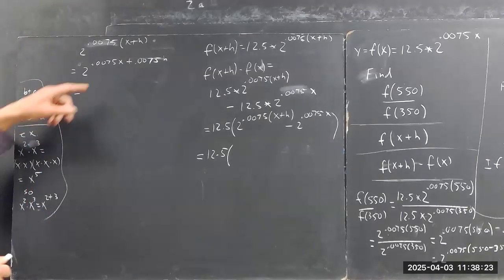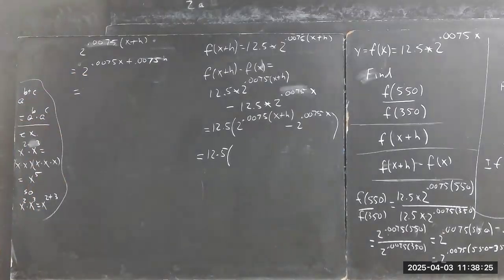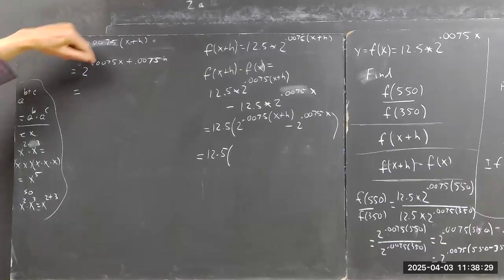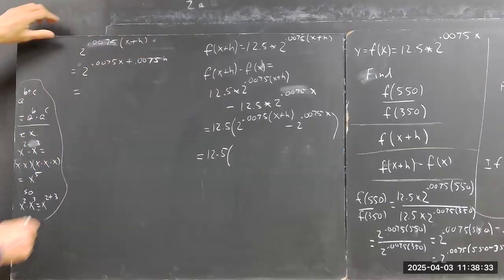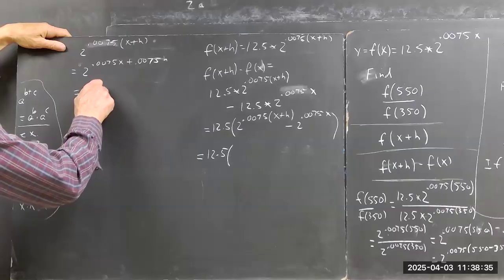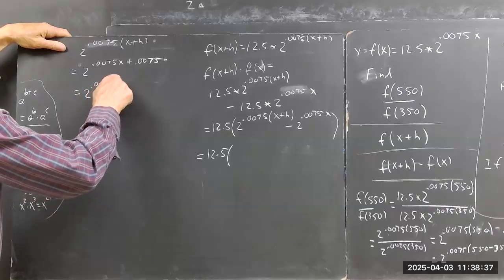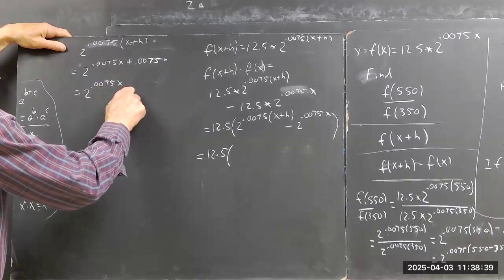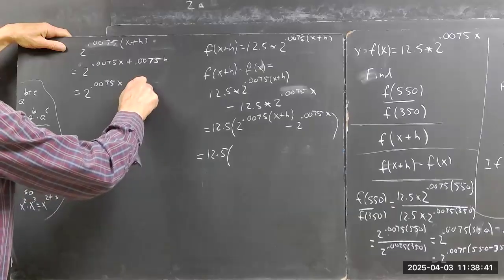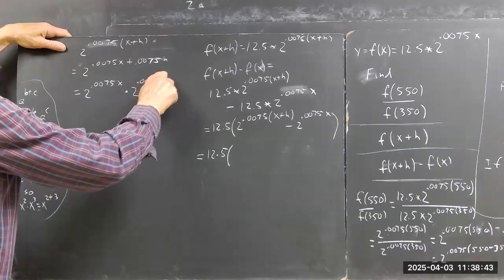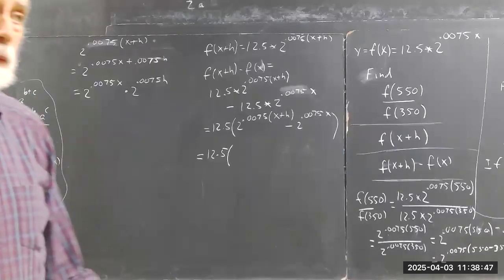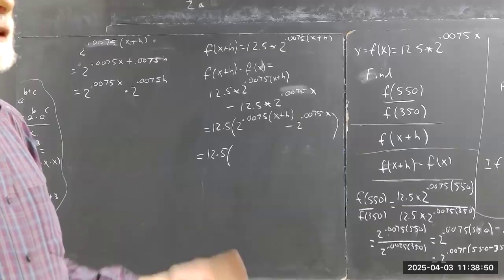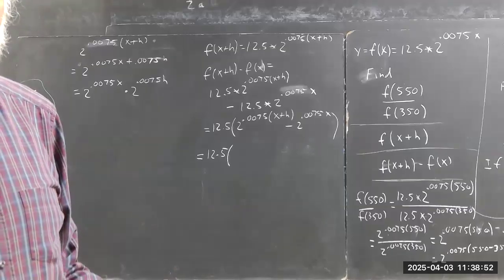Here, A is 2, B plus C is this plus this. You're going to write A to the B, which is 2 to the 0.0075x, times 2 to the 0.0075h. That's an application of the rules for exponents, and you really do need to know them.